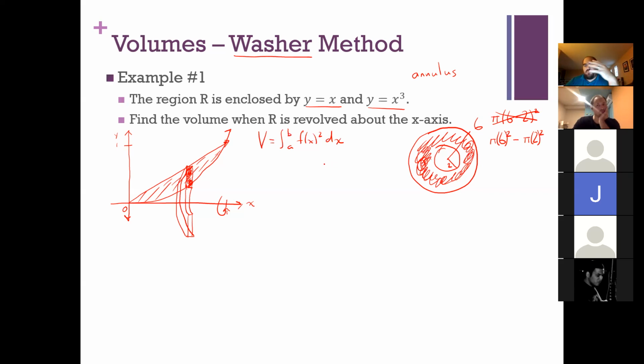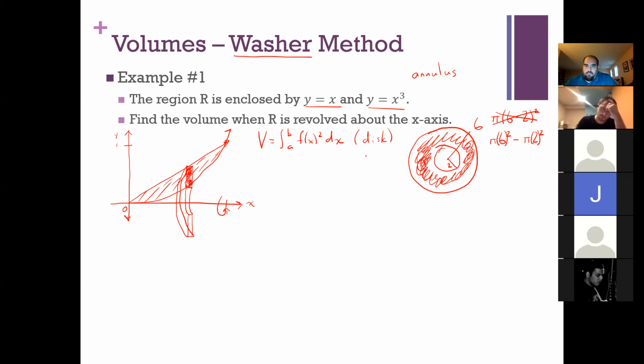I have multiple functions. I'm not making disks anymore. I'm making these washers that have a hole in the middle. How would I have to modify this thing right here, which is our disk method, to be usable for what I want to do?